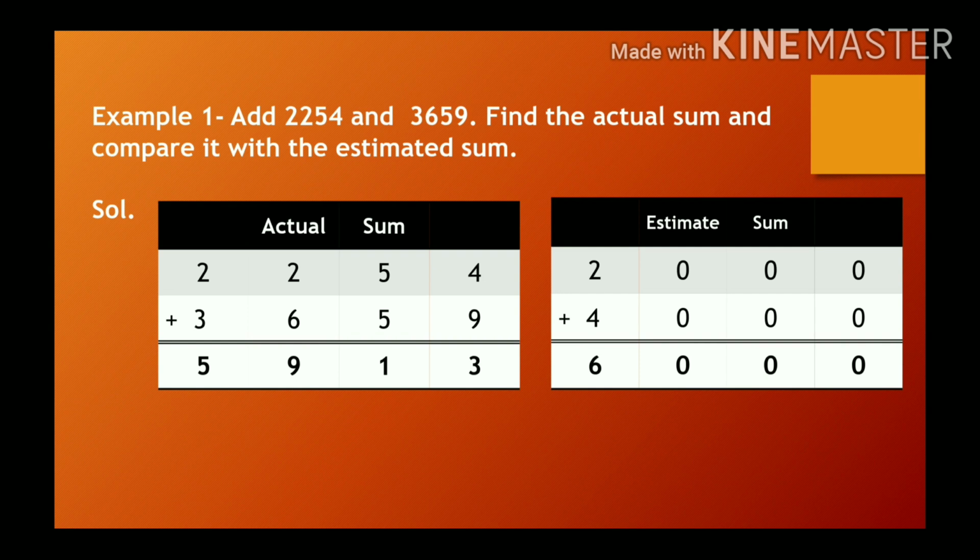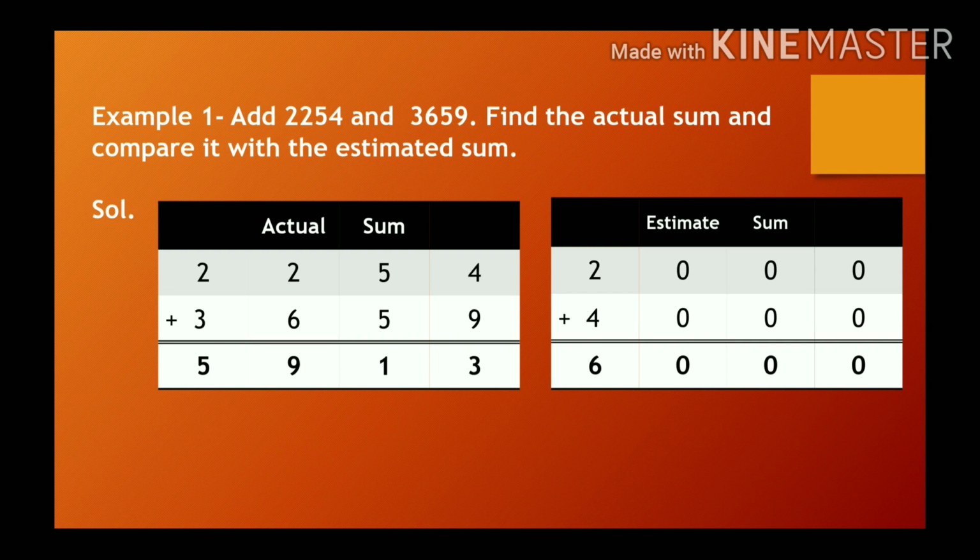Why have we done it to the nearest thousand? Because here we have to do the estimation according to the number of digits. If there are 2 digits, we'll round off to the nearest 10, and if the numbers are in 3 digits, we'll round off to the nearest 100, and if the numbers are in 4 digits, we'll round off to the nearest 1000.